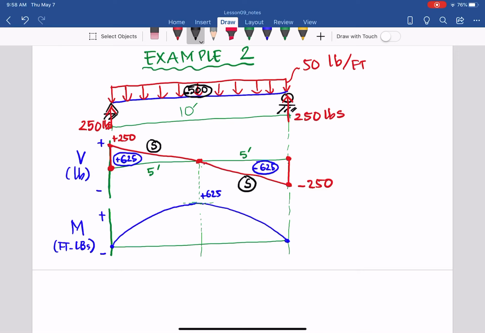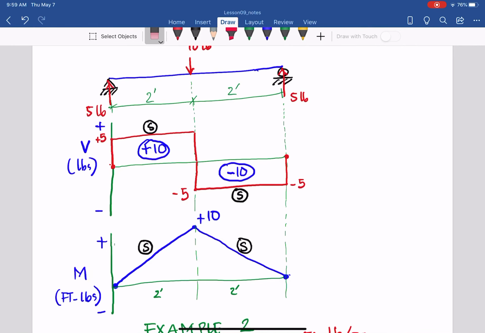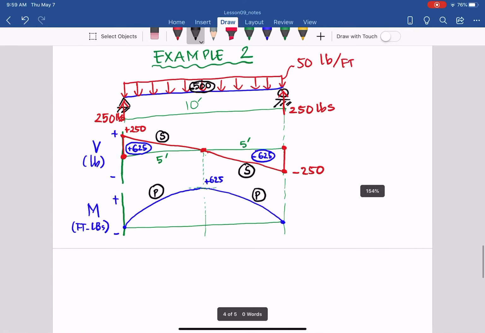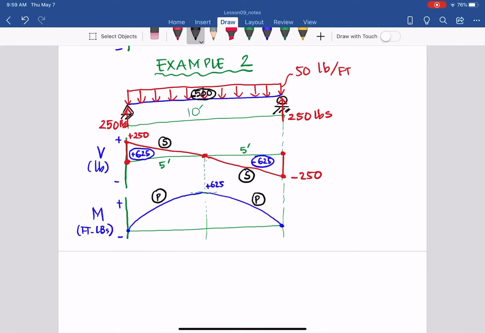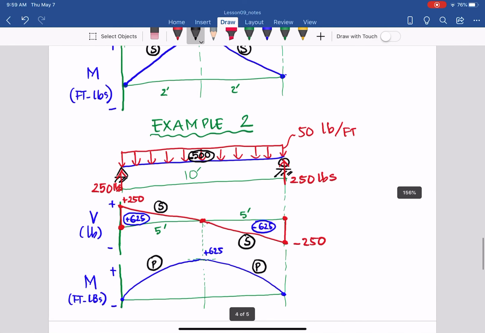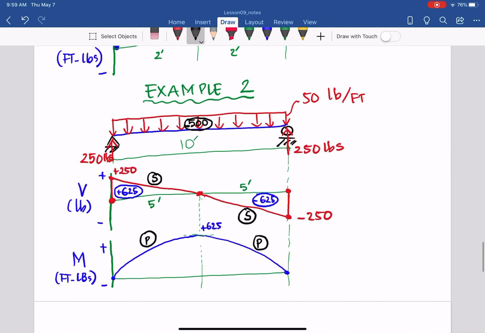And then second, the moment diagram, of course, will be a parabola. And this is a parabola. So for every segment you have to put what line you have, and that is how I show you how to draw it correctly for this example number 2.